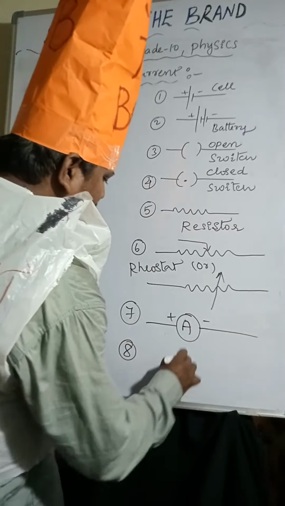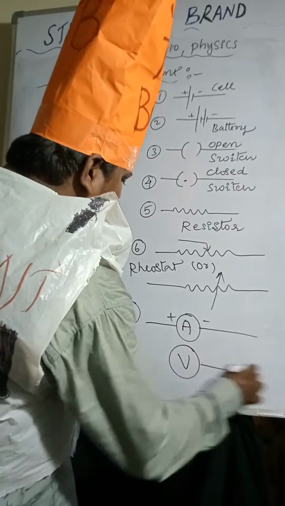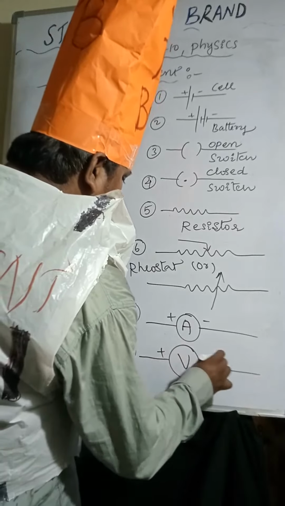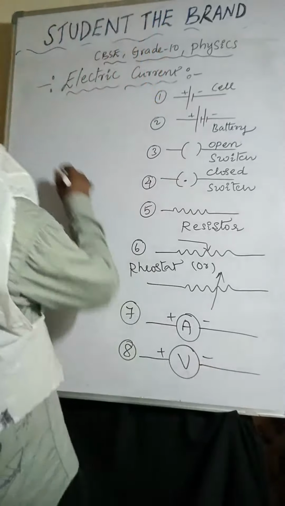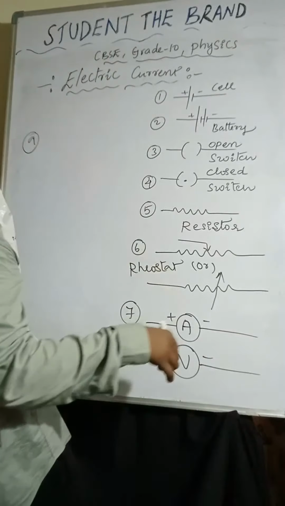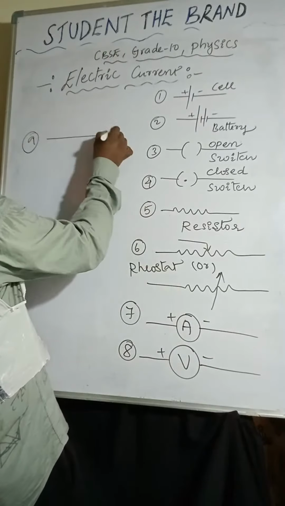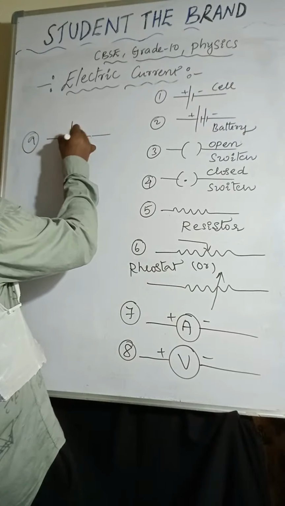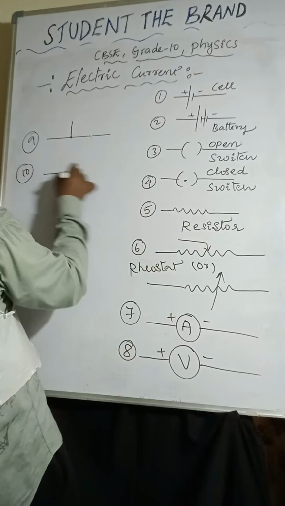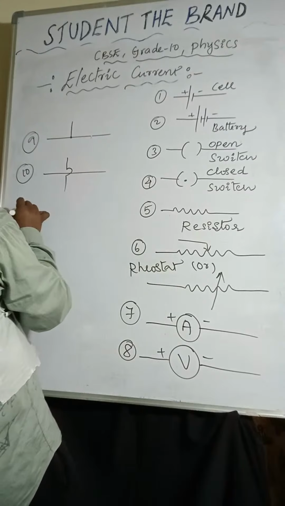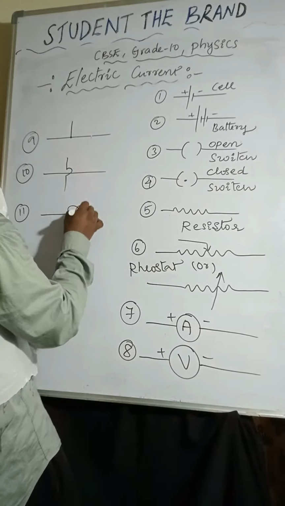Coming to voltmeter. And the ninth one, wire joining. The 10th one, wire crossing. The 11th one is bulb.